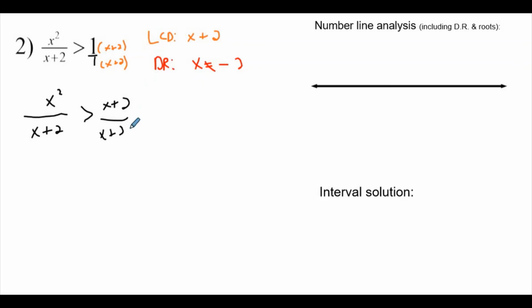And again, common theme of solving, and this isn't the case for adding and subtracting, only for solving, you can cross this out. And then I end up with x squared is greater than x plus 2. I have a quadratic inequality like we saw a couple chapters ago. So we're going to move both of these over to the other side.